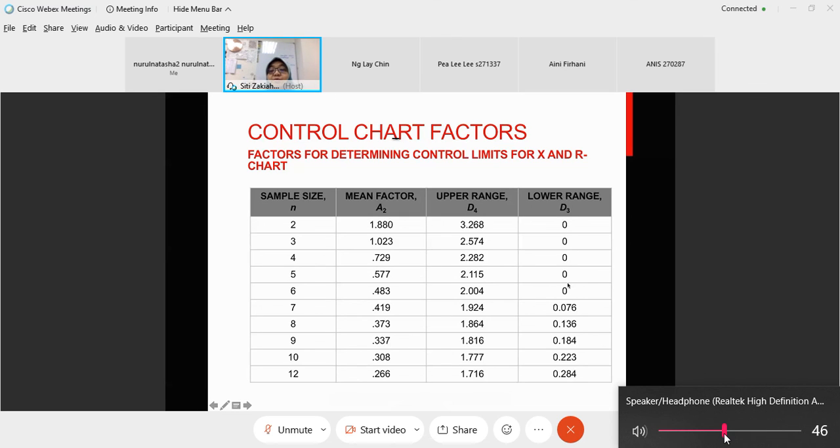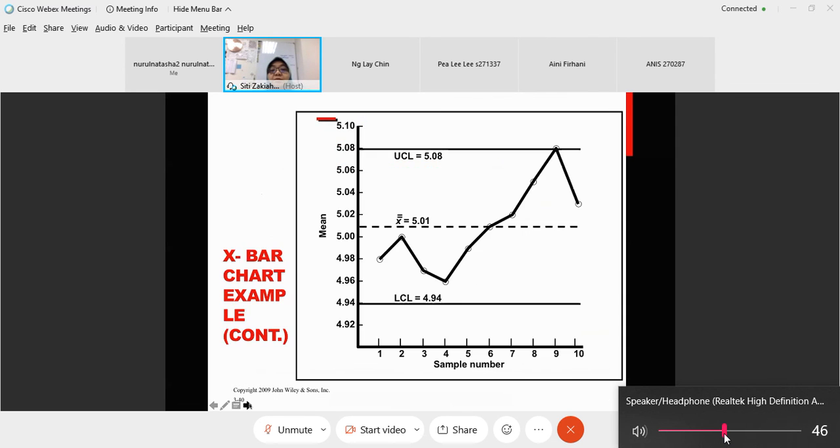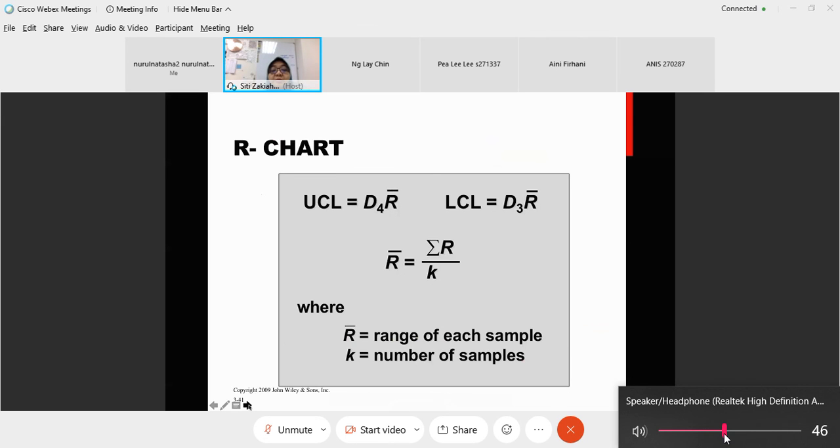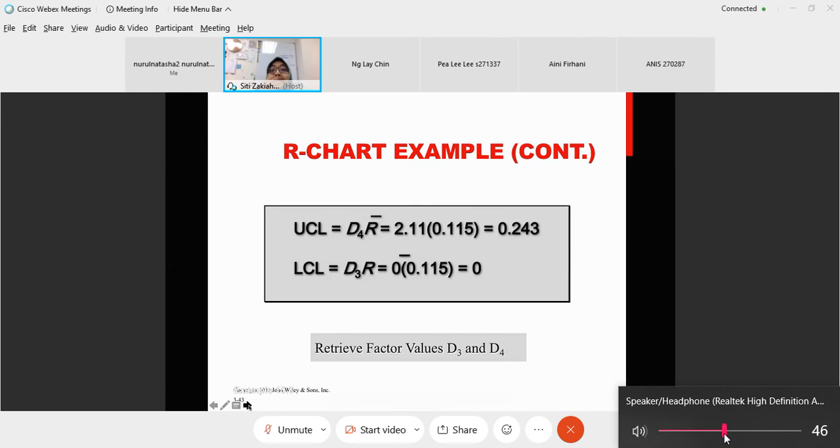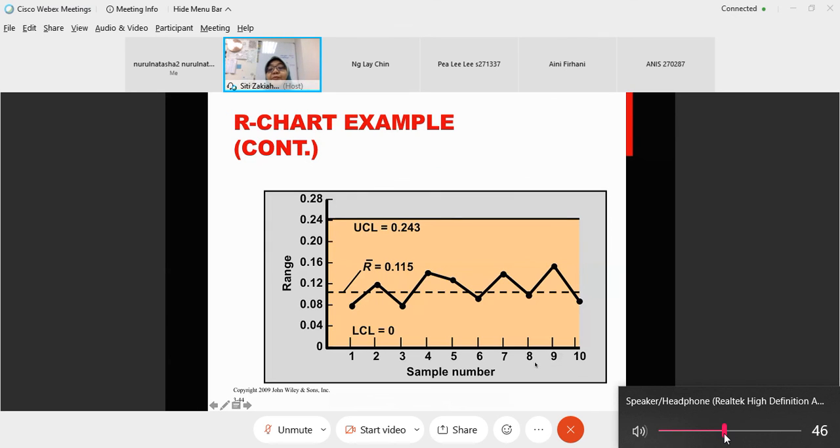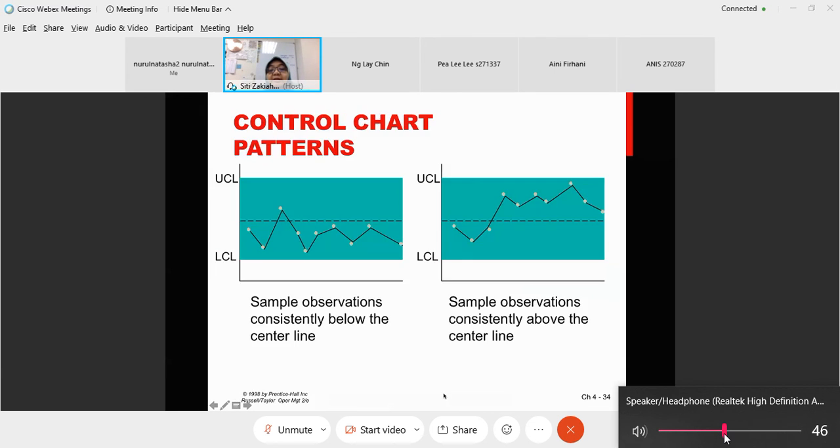D3 is equal to 0. So the upper control limit is 0.243. The lower control limit is 0. You retrieve the factors here from D3, from the table just now. Then you plot the R bar, UCL, LCL.